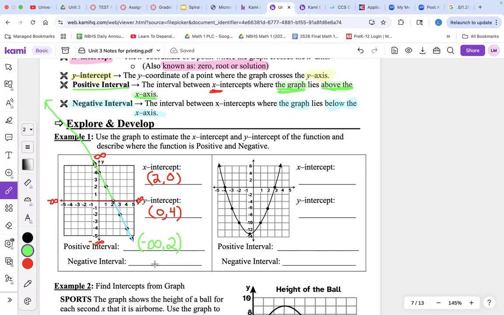Our negative interval, look at where it's going, and continues. I know my line's crooked, and we can see it's going towards positive infinity. Remember, we're only concerned with x. We are not concerned with y, only concerned with x. All right, so that means our negative interval starts at 2.